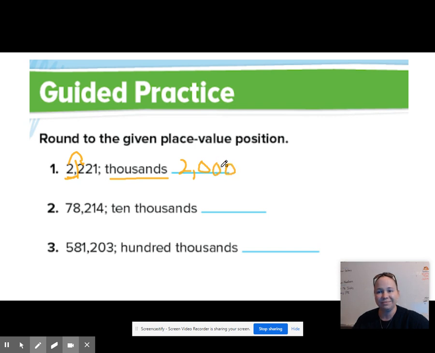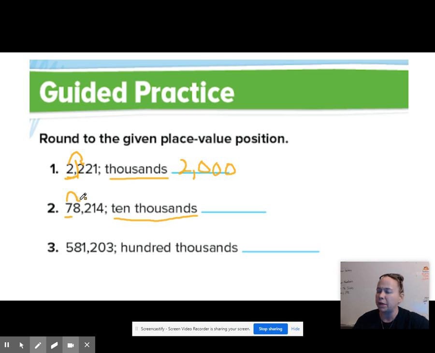All right, let's look at number 2. We're rounding it to the 10,000s place. So that's ones, tens, hundreds, 1,000 to 10,000. So 70,000, is this number closer to 70,000 or 80,000? Do you have your guess? Well, let's look to the right and see.